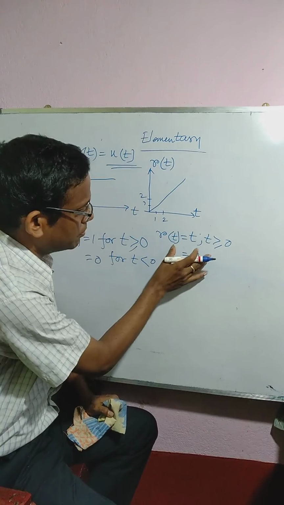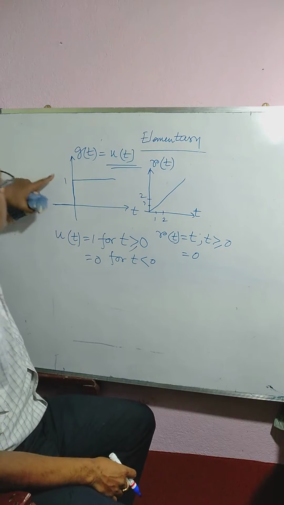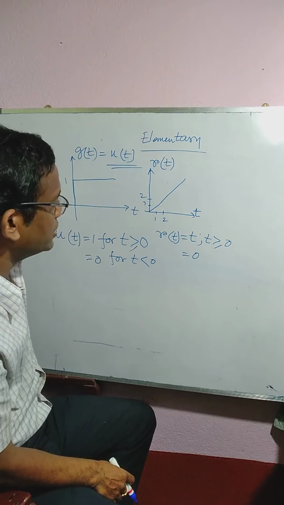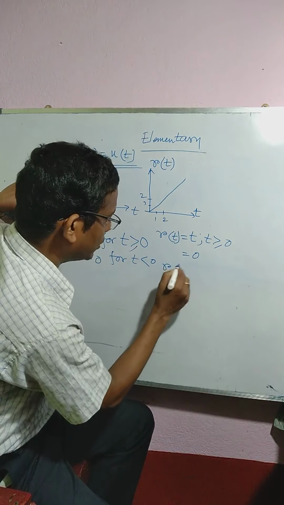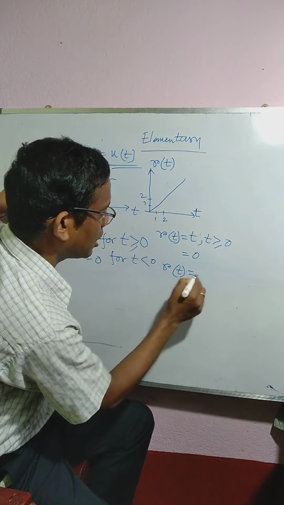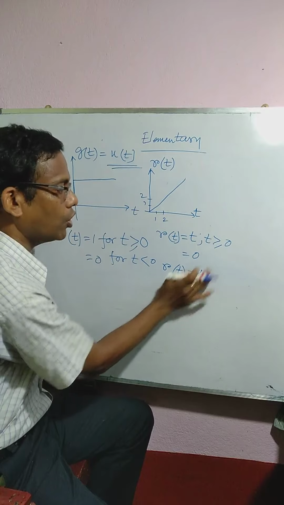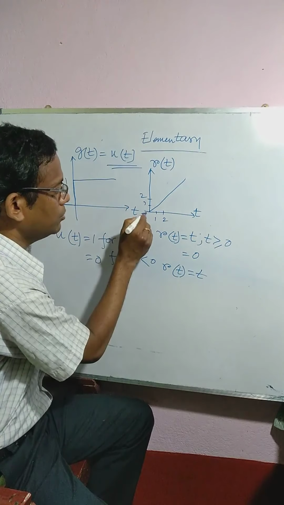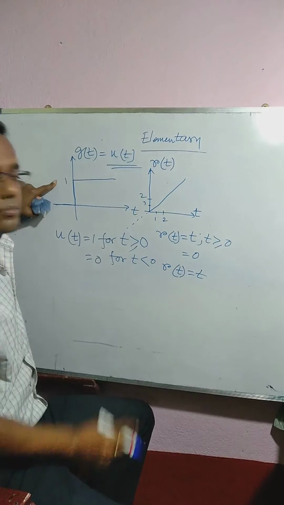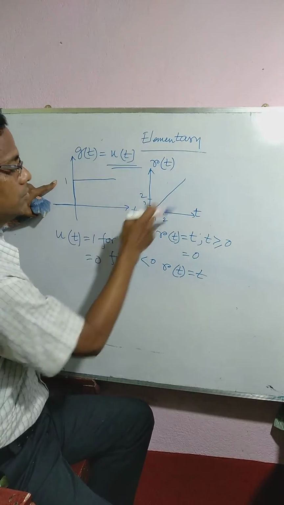Now, after understanding the unit step, we can write that in another way: r(t) is nothing but t. If we simply write t for all values of t, it will be positive for positive values and negative for negative values.